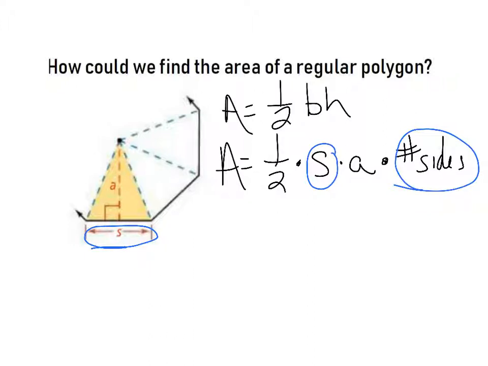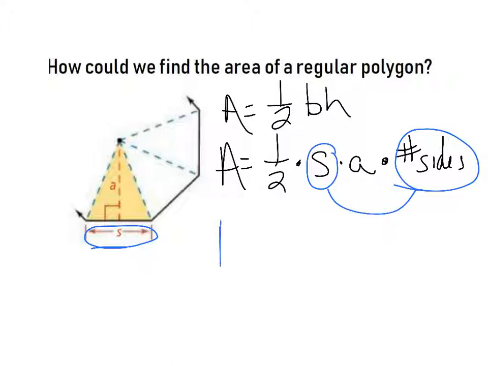I'm going to multiply in a different order: the side times the number of sides. If you take this side measurement and multiply it by however many sides there are, what are you actually finding? Did you see perimeter? Thought you did. That's the perimeter of your polygon.